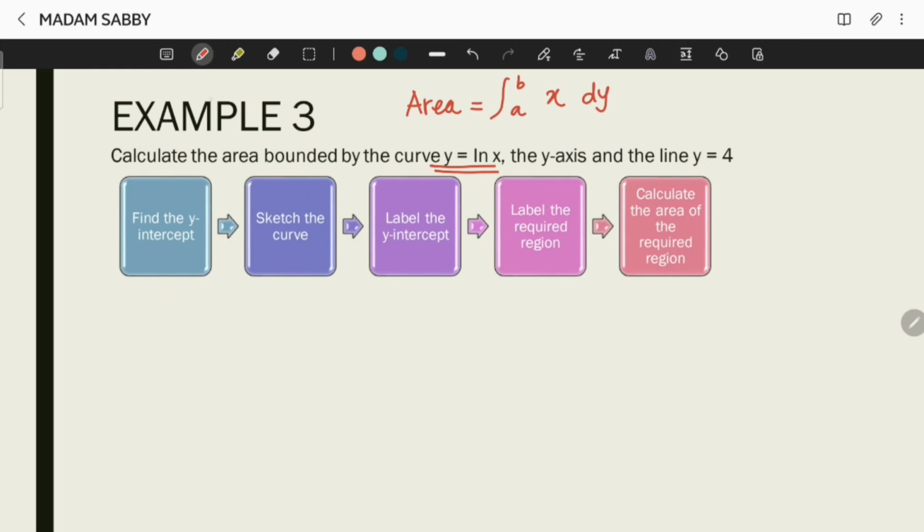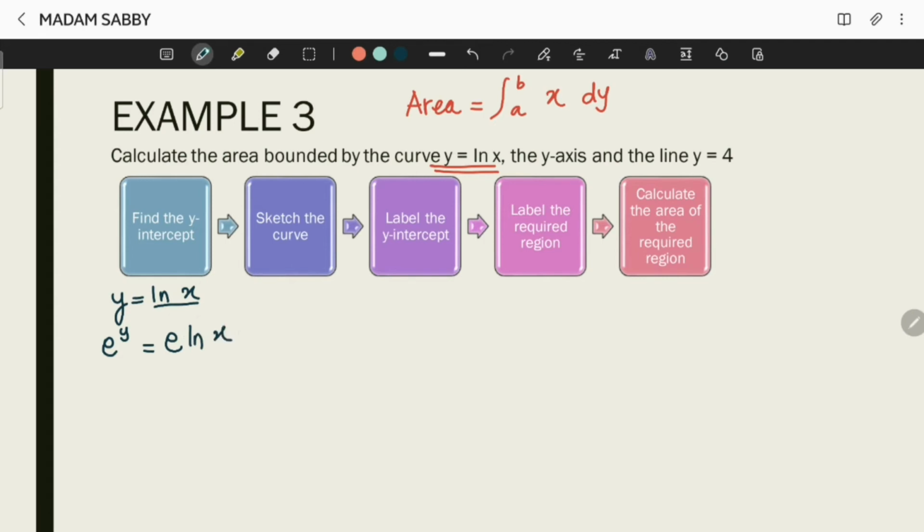So y equals ln x. If we want to convert this into x, we need to remove the ln. So how to remove ln? By raising e to the power of both sides. So it becomes e to the power of y equals e to the power of ln x.